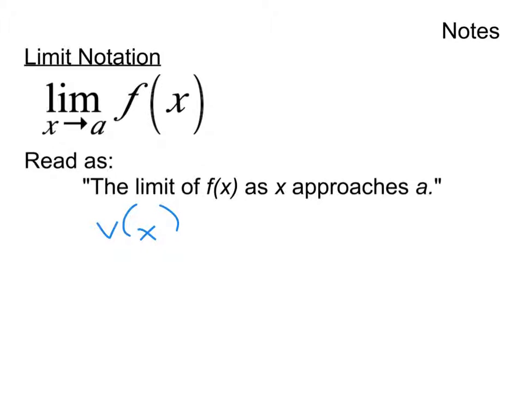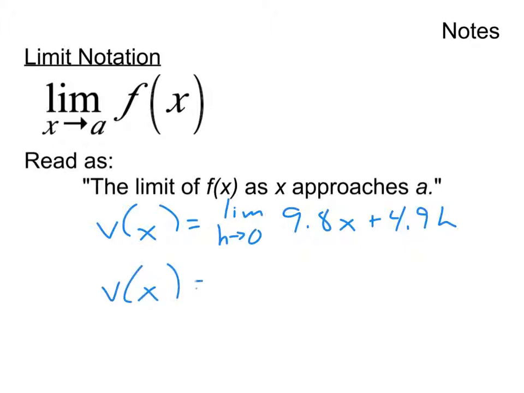And what we actually then found is we wanted to know what the limit was as h approached 0. And we had that equation that we had found, 9.8x plus 4.9h. And so in order to figure out what the limit was as we approached 0, we then plugged the 0 in for h, and so that's why the whole thing ended up equaling 9.8x.